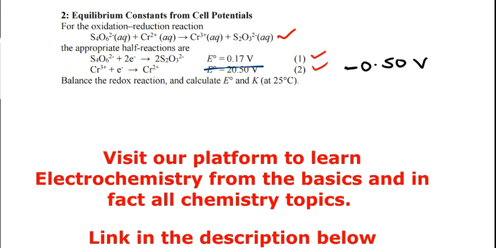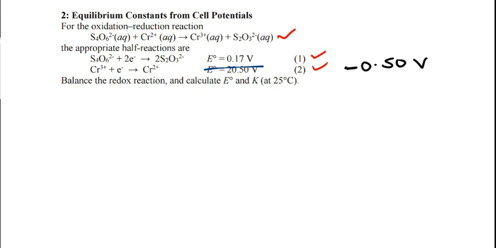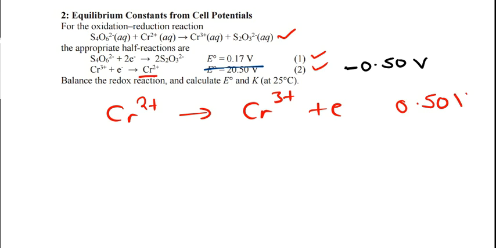So in this case, which one has got the smallest value between this one and that one? The one with a smaller value is the chromium, and so we can reverse it. If we do reverse it, we're going to start with that part. So chromium 2 plus gives us chromium 3 plus and an electron. After reversing, the sign of the reduction potential changes. It becomes 0.50 volts.